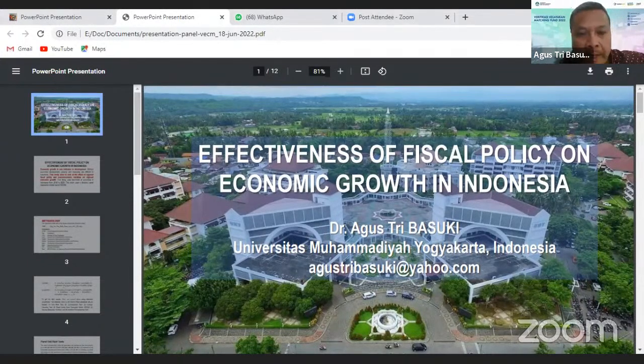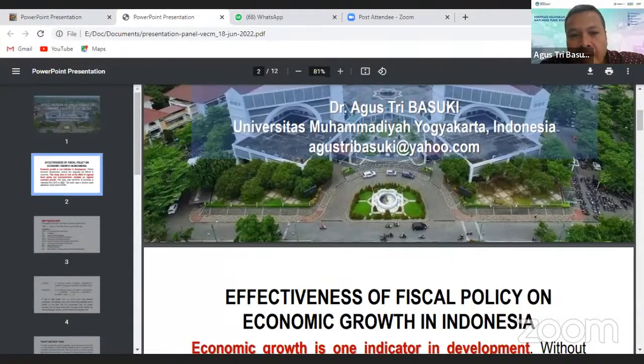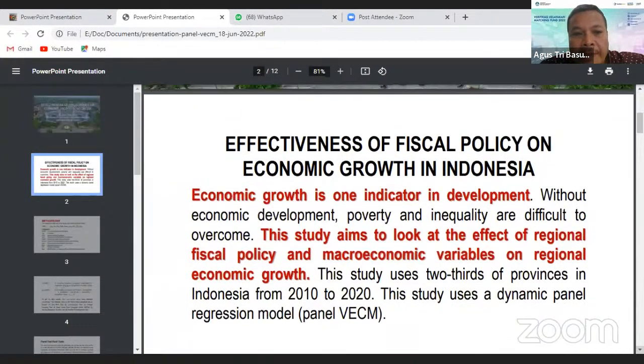My paper is entitled Effectiveness of Fiscal Policy on Economic Growth in Indonesia. Economic growth is one indicator in development. Without economic development, poverty and inequality are difficult to overcome. This study aims to look at the effect of regional fiscal policy and macroeconomic variables on regional economic growth.